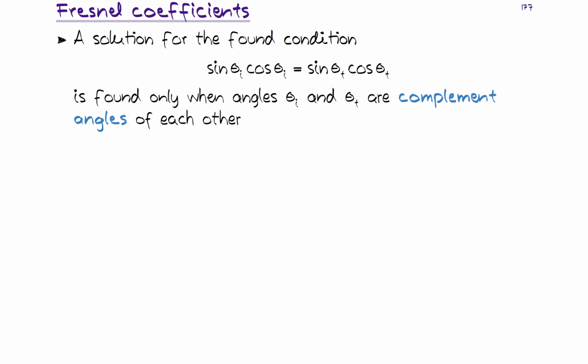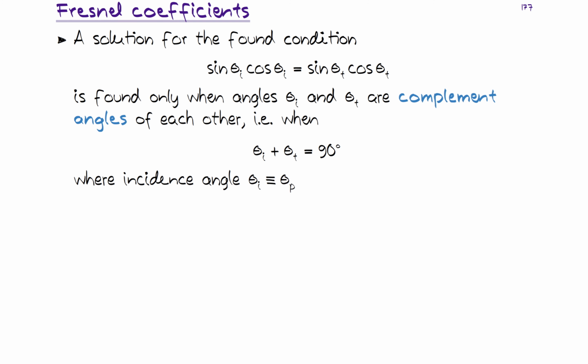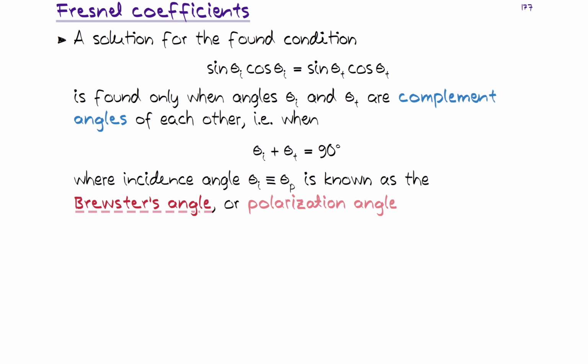This is maybe not very transparent, but you can verify it by doing simple numerics. Essentially, this can only hold when theta i plus theta t equals 90 degrees, and this is how we define a complement angle. This incidence angle theta i we define to be theta p, because it is a very specific incidence angle, and this angle is also known as the Brewster's angle or polarization angle.